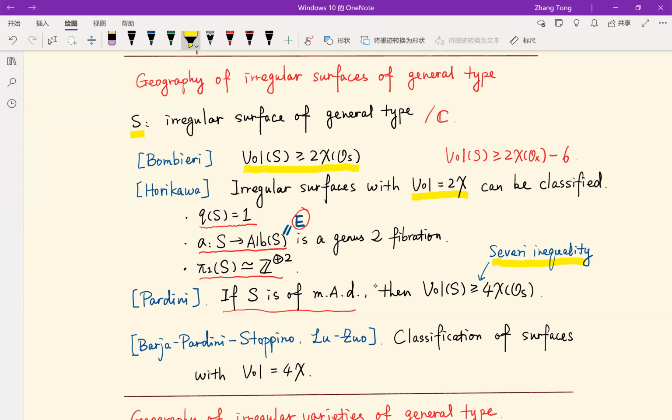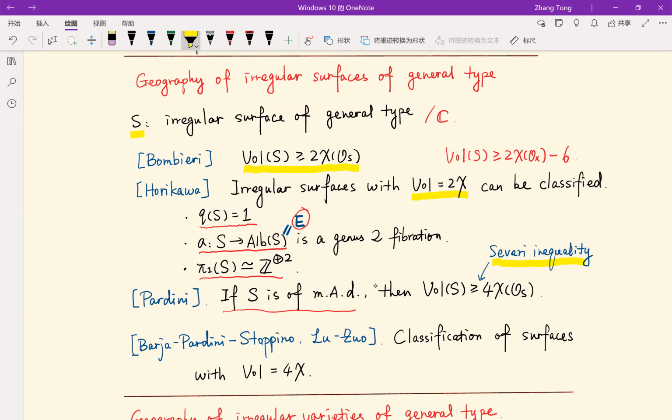And then the following question is somehow to describe the extremal case. And this work also has been done by, I think, 2 groups of people. The first group is Barja, Pardini, Stoppino. And the other group is Lu and Kang Zuo. And somehow they classified the extremal case.